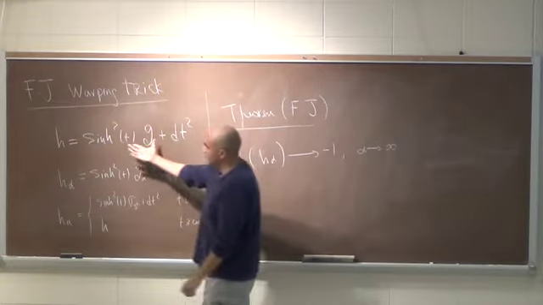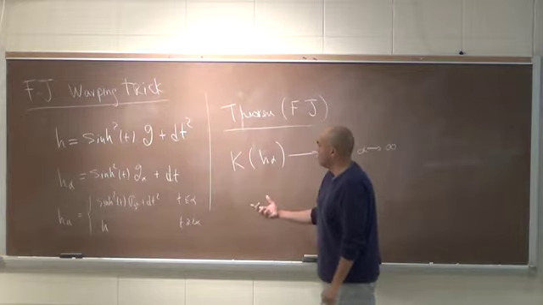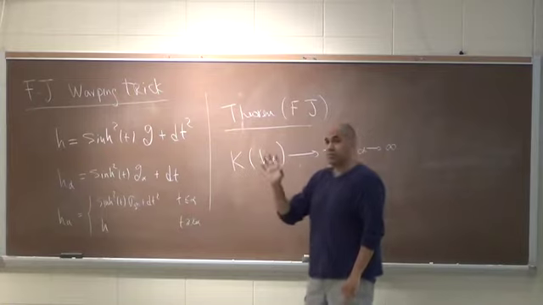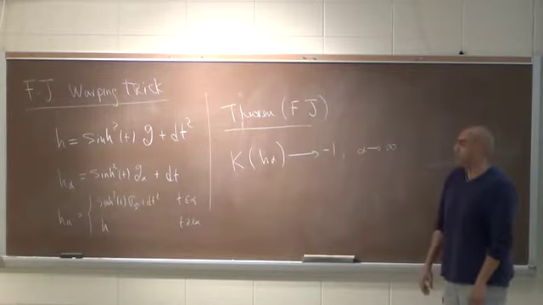So this simple change gets you metrics with sectional curvatures as close to -1 as you want, provided alpha is very big.